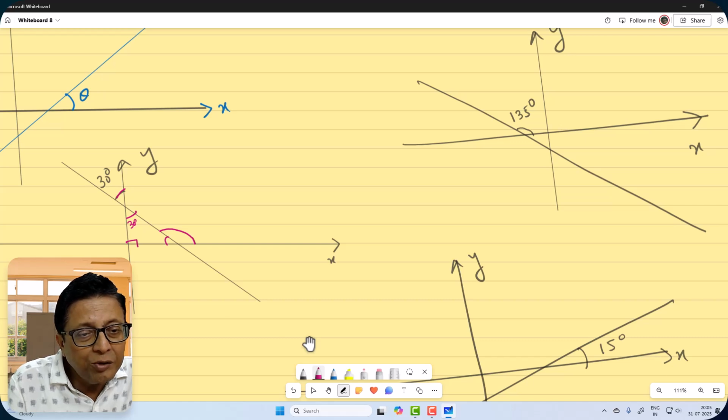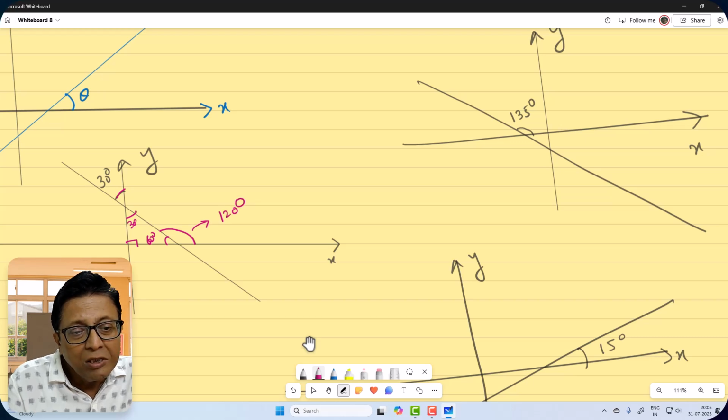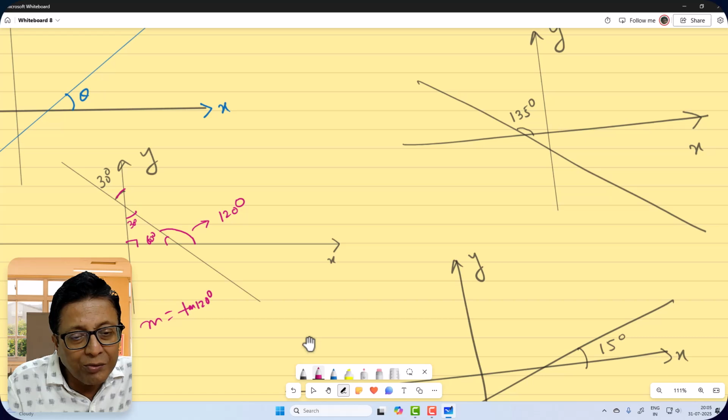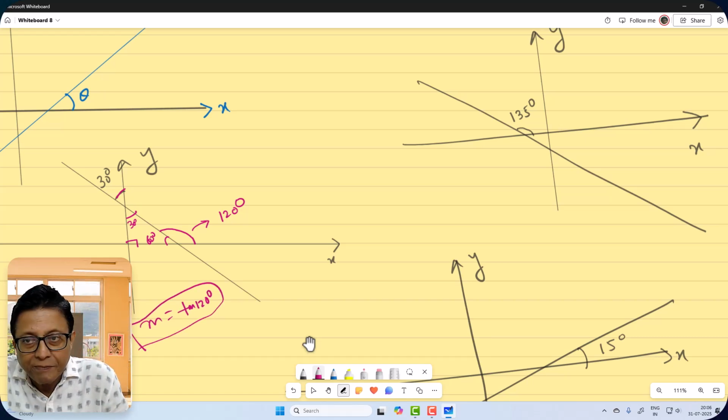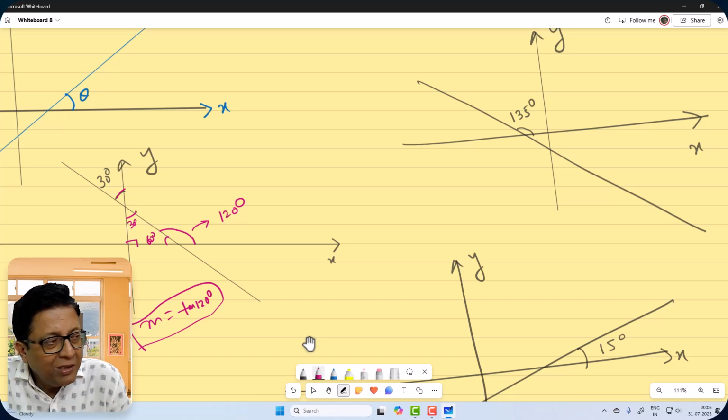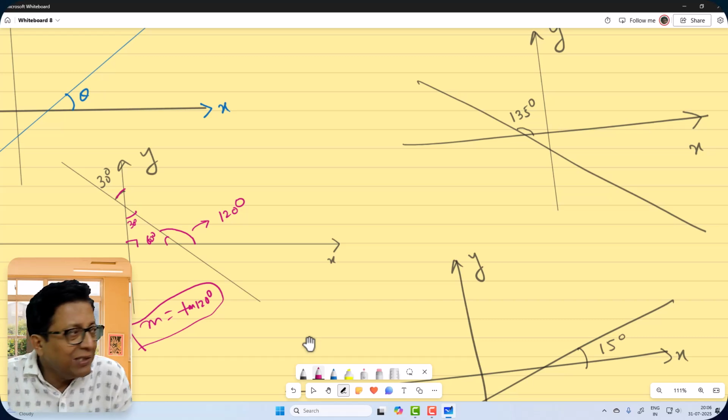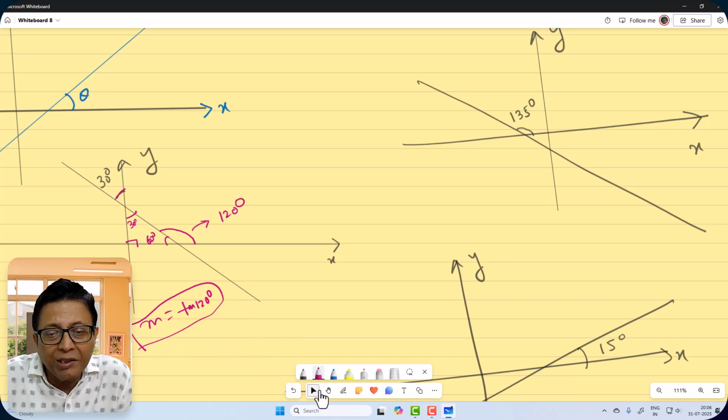So this is going to be 60 degree and this angle is what? 120 degree. So slope in this case will be tan 120 degree.